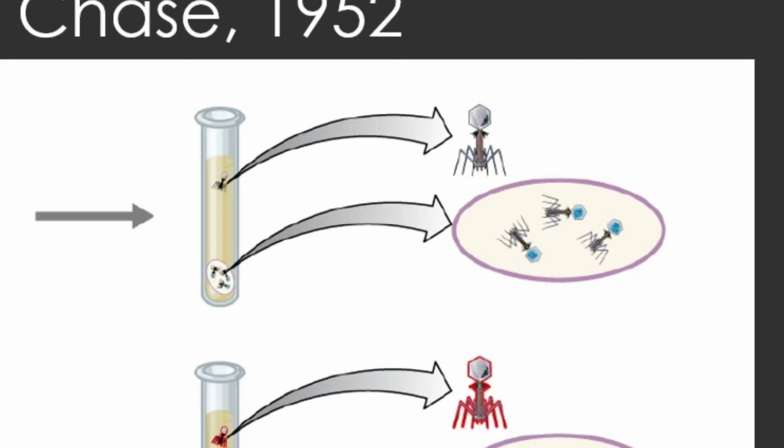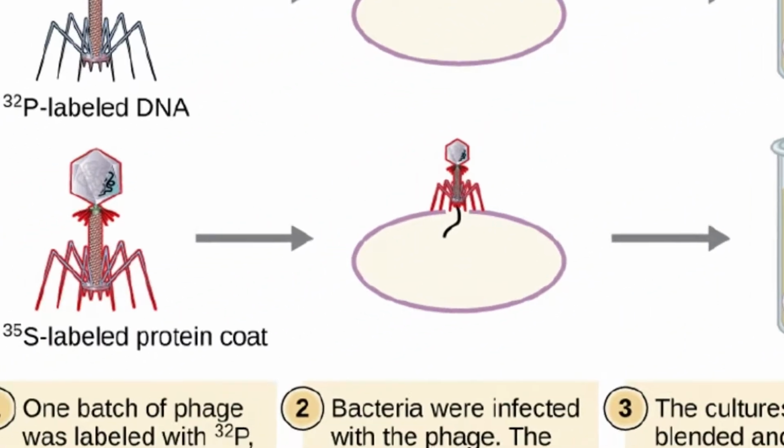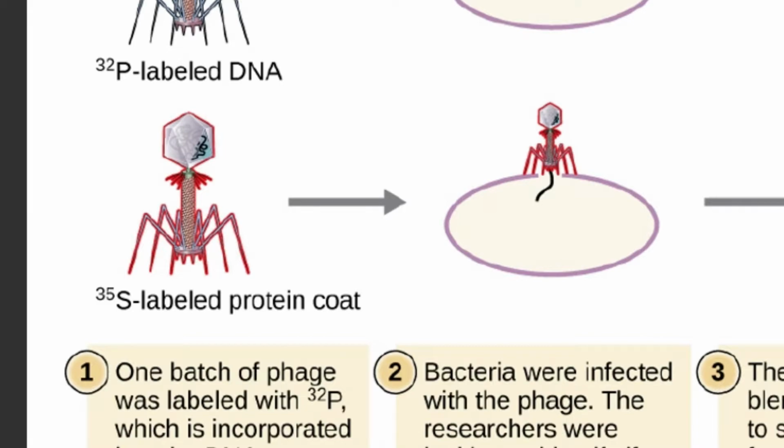And when they did this experiment, notice the bacteria infected with the phage containing that radioactive DNA were inside of the cells. So this gave them evidence that DNA was the hereditary material, but they backed that evidence up by doing a second experiment to disprove the protein by using radioactively labeled proteins.